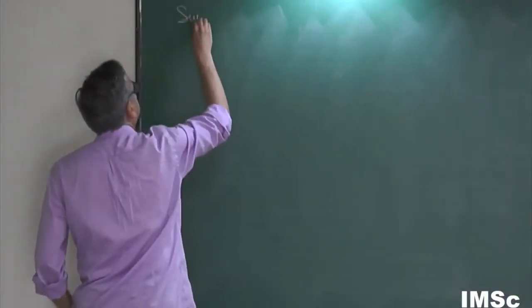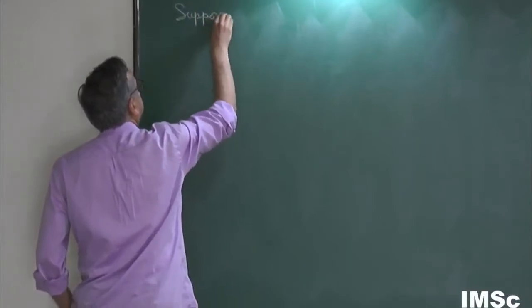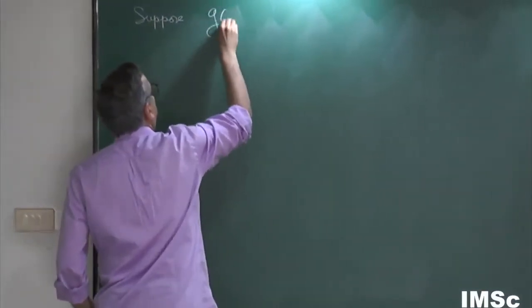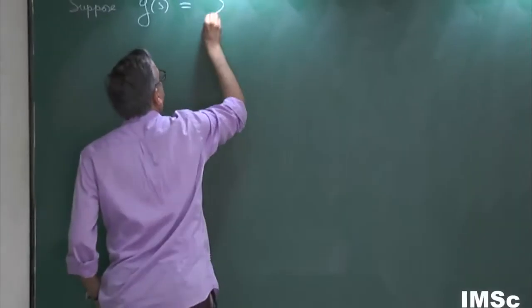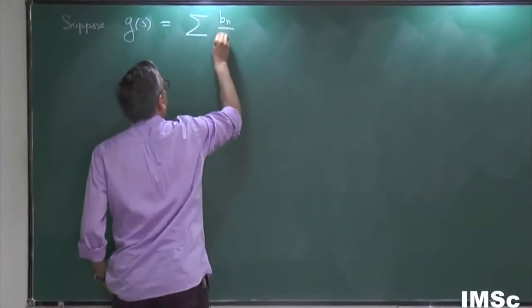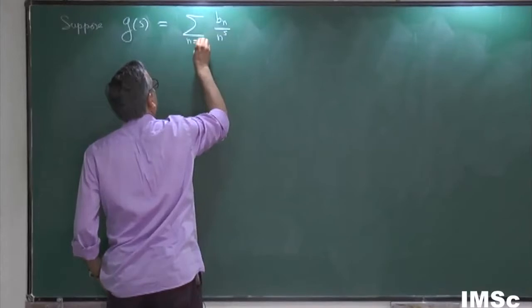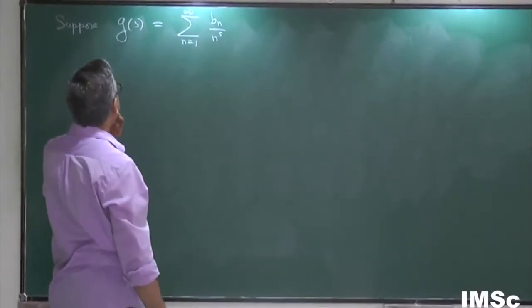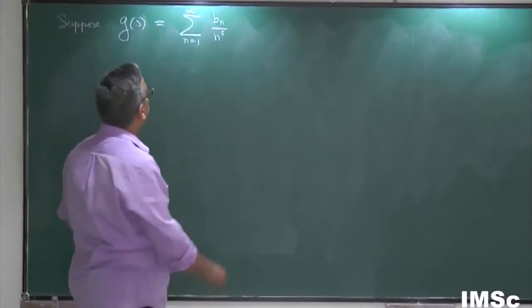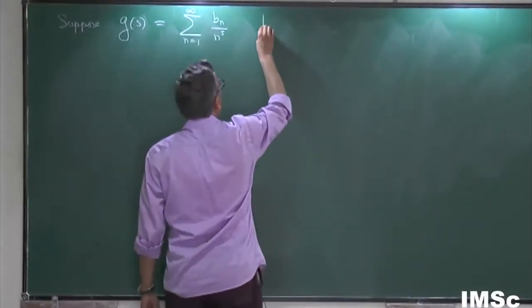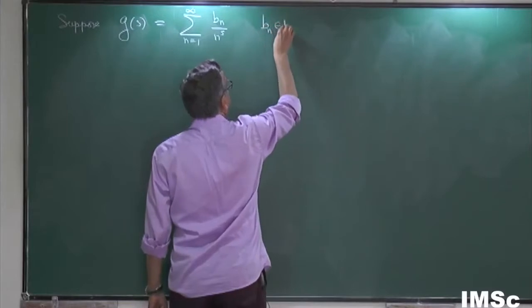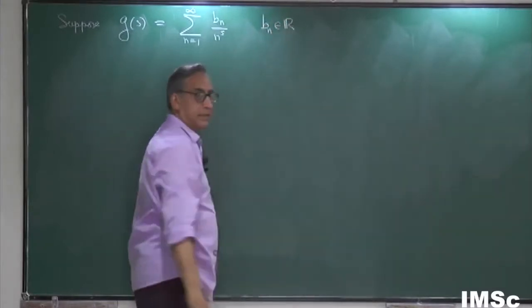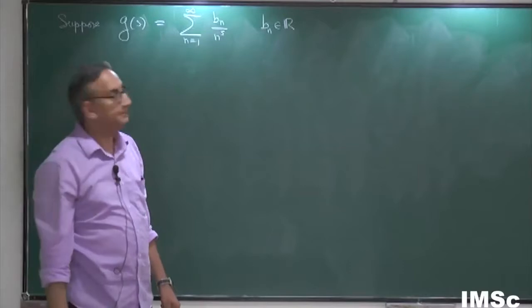Suppose G of s is a Dirichlet series. This time the b sub n's are real, but they're not necessarily positive.